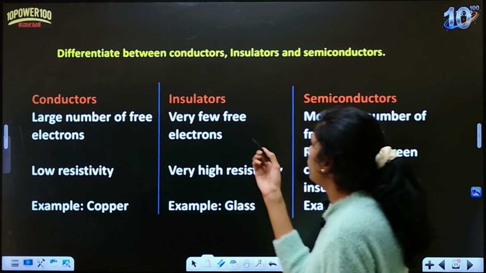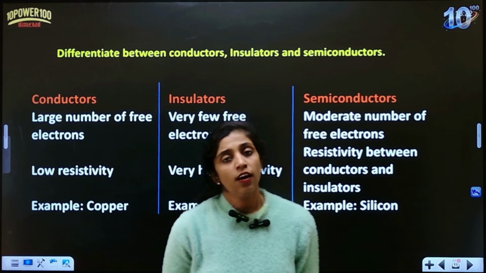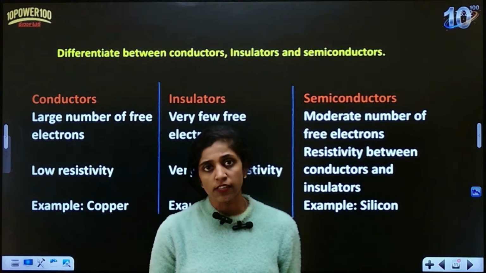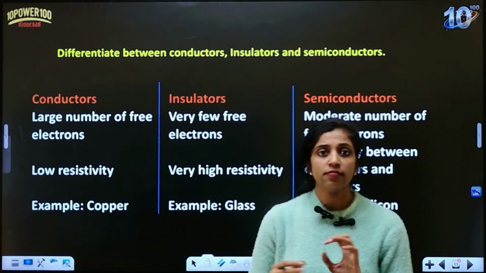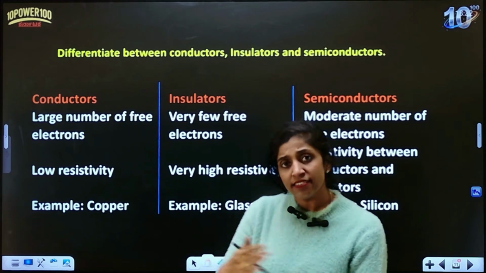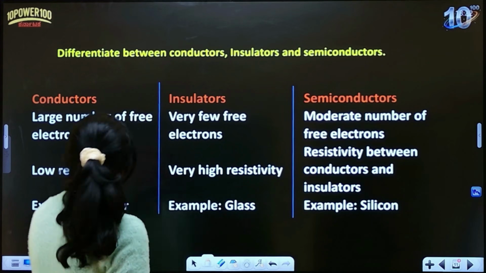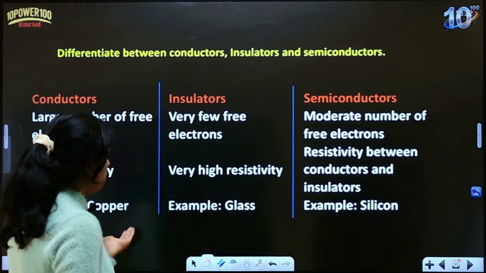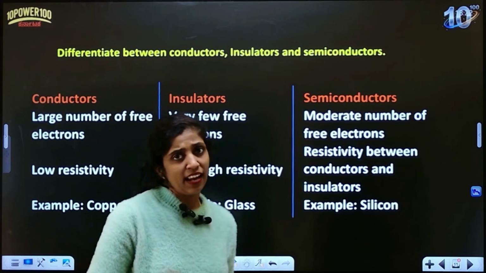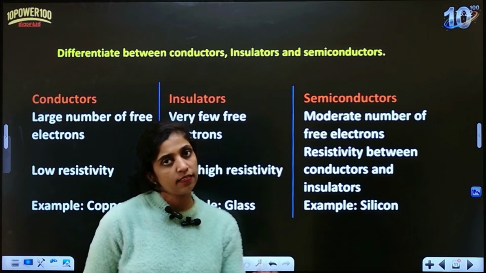Next, moving to the difference between conductors, insulators and semiconductors, very simple it is. Conductors are those which allow charges to flow through them, and insulators do not allow charges to flow through them, whereas a semiconductor lies in between conductors and insulators. Example for conductors is copper. Example for insulators, glass, plastic, anything you can take. Example for semiconductors is silicon, germanium.